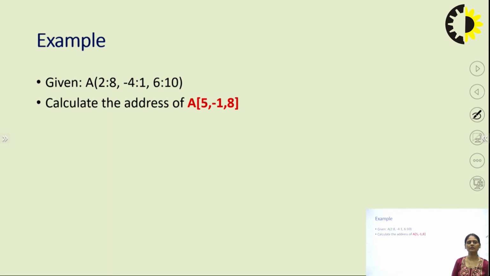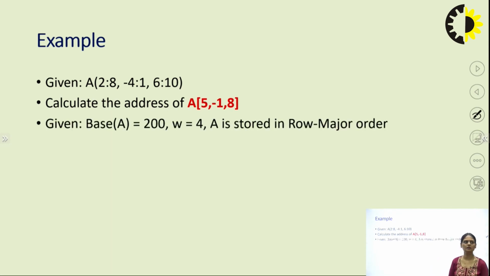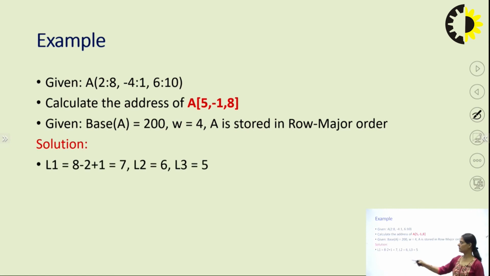Now we are interested in calculating the address of A[5, -1, 8]. Given that the base address is 200, W is equal to 4, and it is stored in row major order. So the solution is that first of all we calculate L1 using the formula upper bound minus lower bound plus 1.